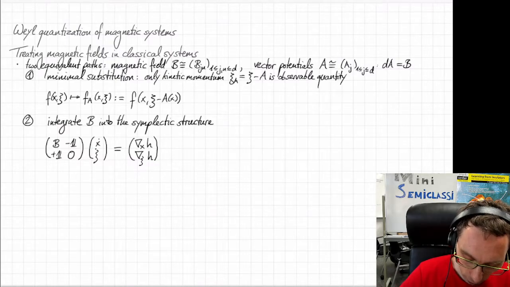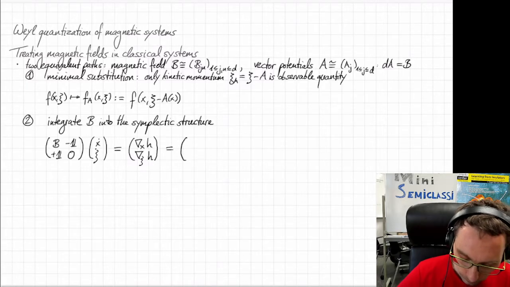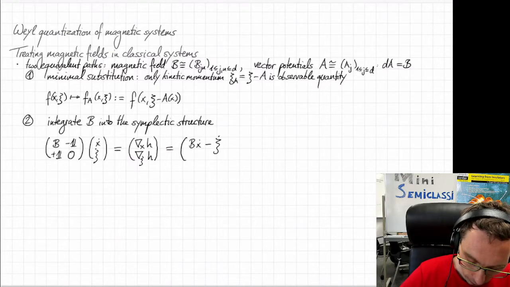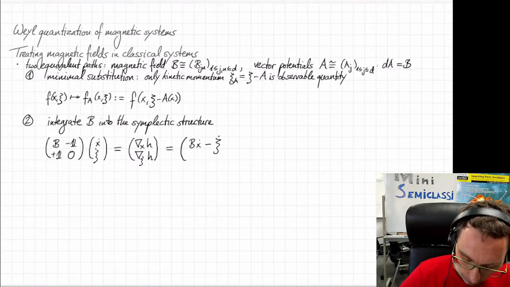So this is the right-hand side, the left-hand side simply then equals B times x dot minus xi dot is equal to the gradient of h in x, where h is the Hamiltonian, and then for the other one we simply get x dot.